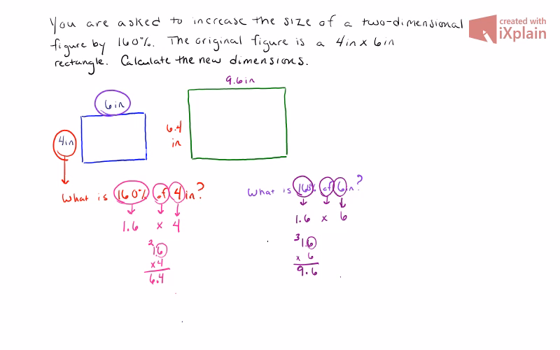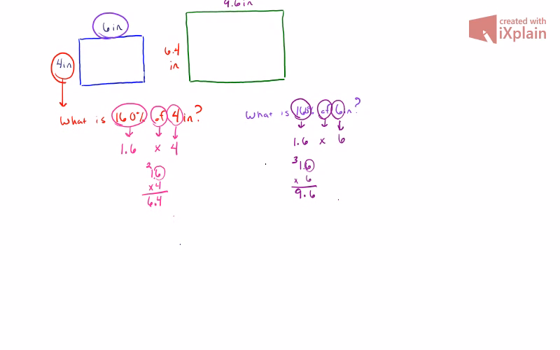What I want you to be aware of is we could also use some mental math here, just to give you the full picture. If we are looking at 160%, we could break that down and say this is 100% plus an extra 60%. In the case of the 4 inches, I get to keep 100% of what I started with, which would be the 4.